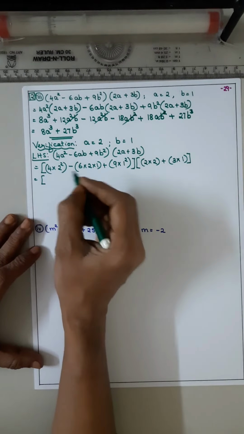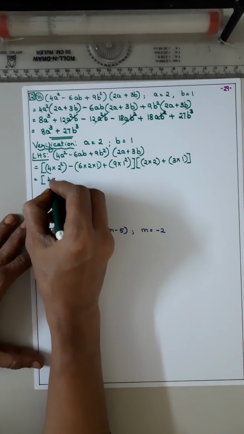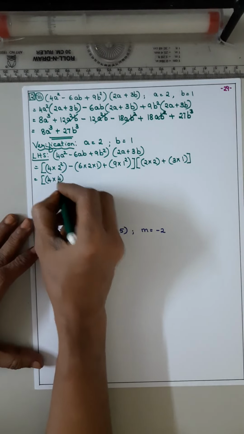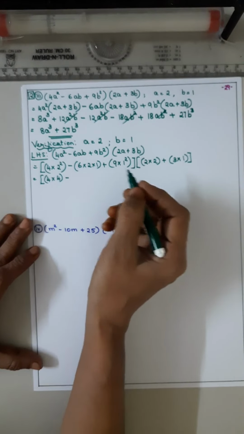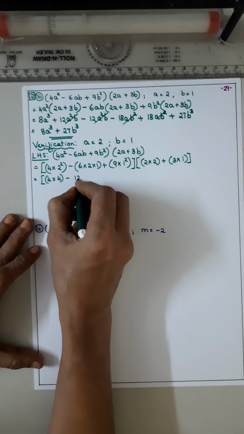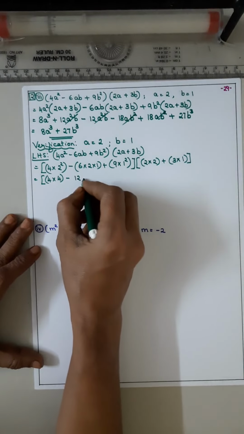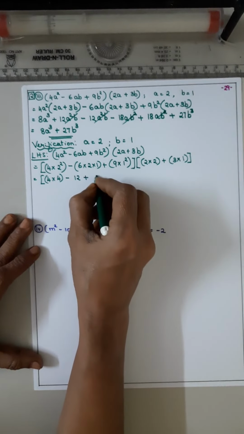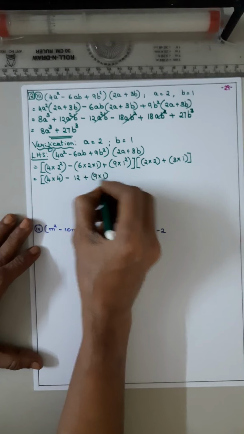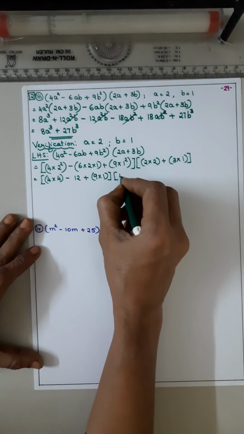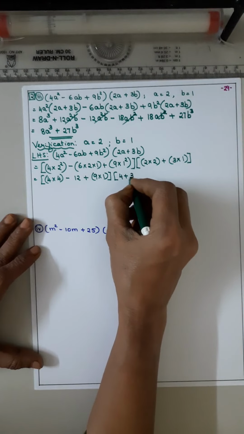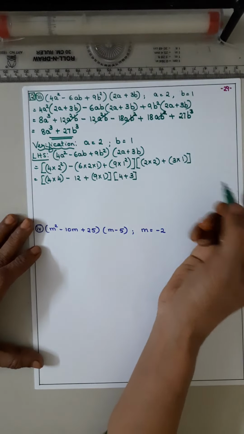Now this will be 4 into 2, 2s are 4, minus 6 2s are 12, plus 9 into 1, bracket open 2 2s are 4 plus 3 1s are 3.